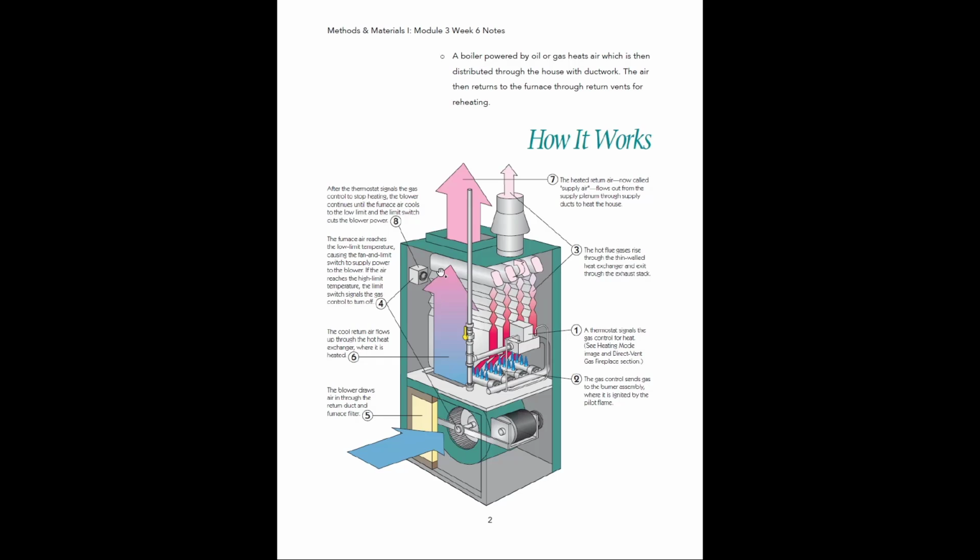And then after it enters the different spaces of the building, it will naturally cool down, and then it will return to the furnace through special ducts that are called return ducts. It's basically a circular pattern, so the air is recirculated back into the system and reheated, and then it's sent back out through the plenum again to reheat the spaces.